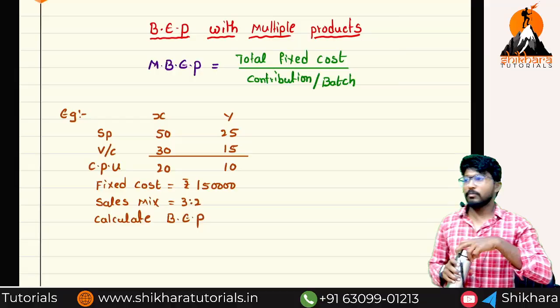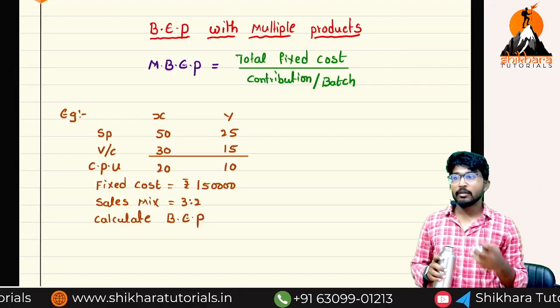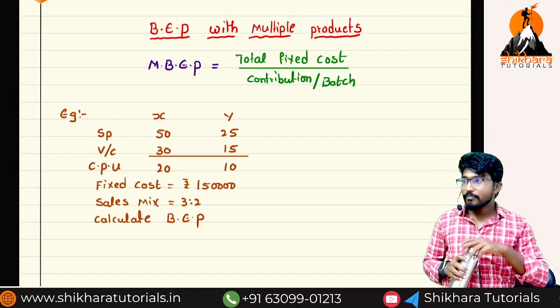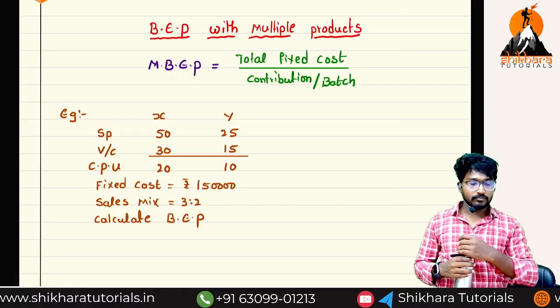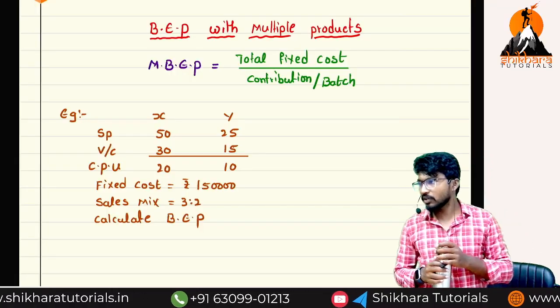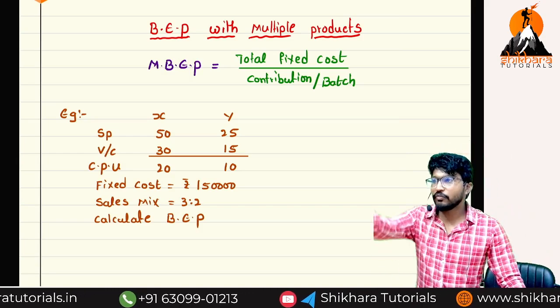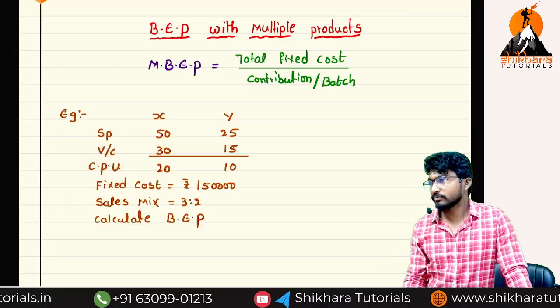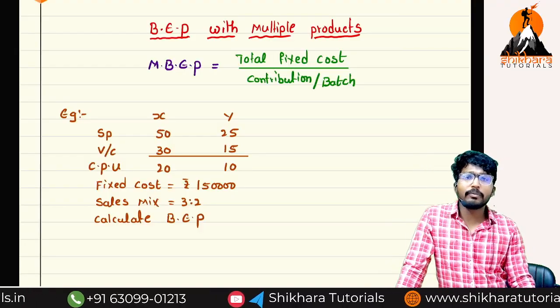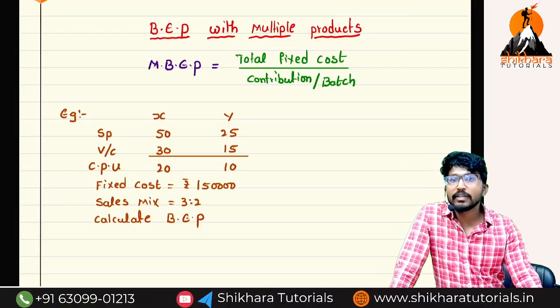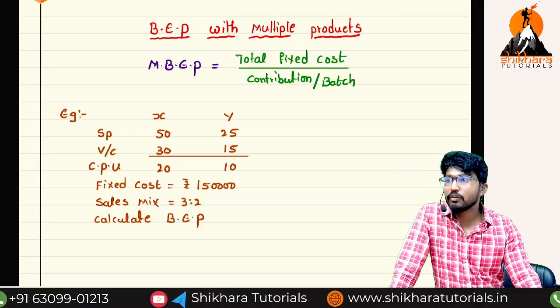You don't have any problems in the institute material regarding BEP with multiple products. If a company is producing one product, it is very easy to calculate BEP, because we know the fixed cost and the contribution per unit. Whenever a company is producing two or more products, how will you calculate BEP?